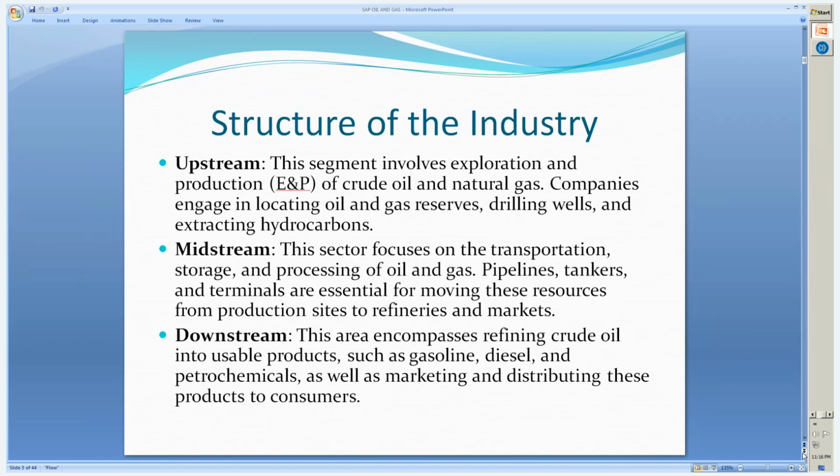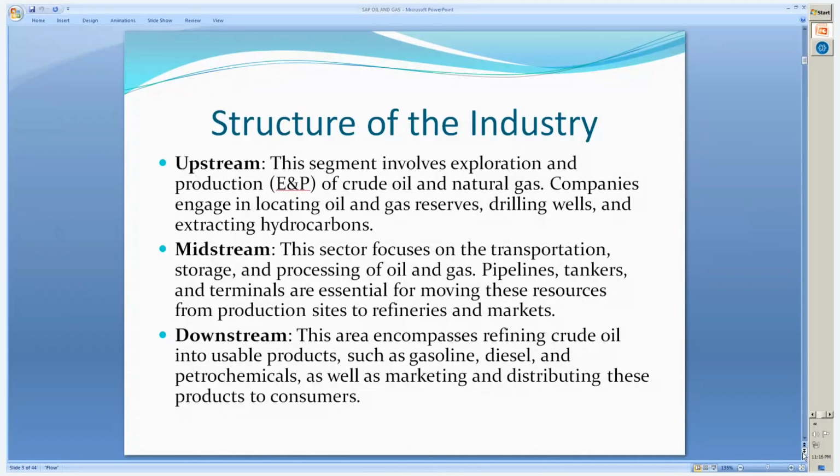They are going to reprocess the crude oil to produce the products of oil and gas. So midstream functionality is basically the bulk transportation of crude oil to the refineries.